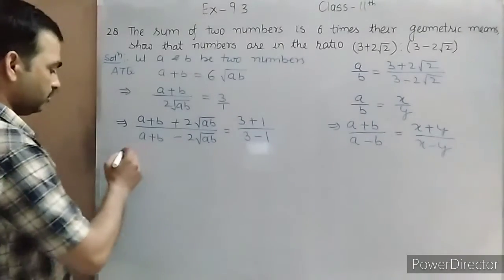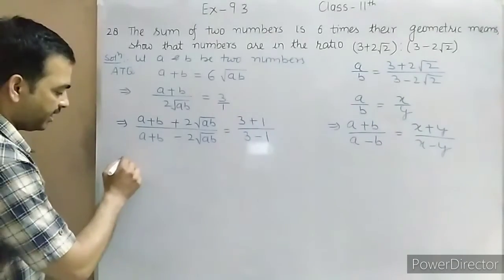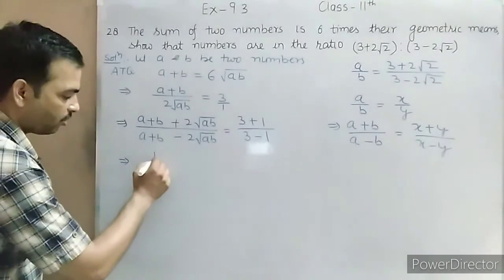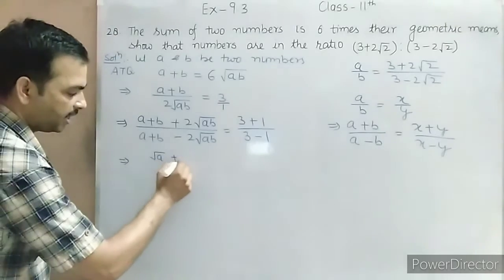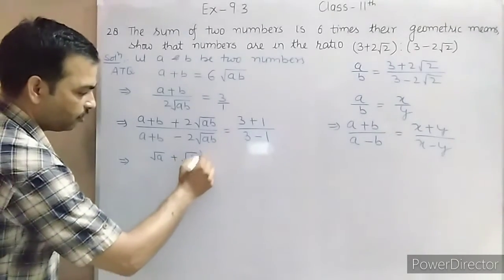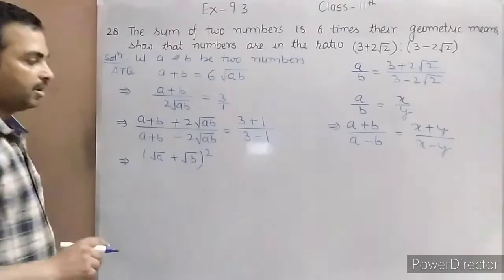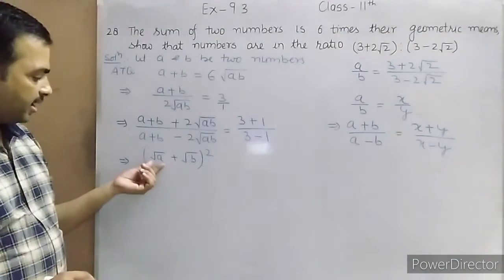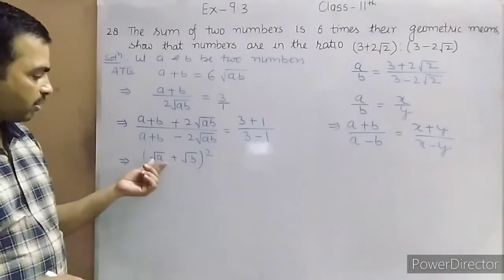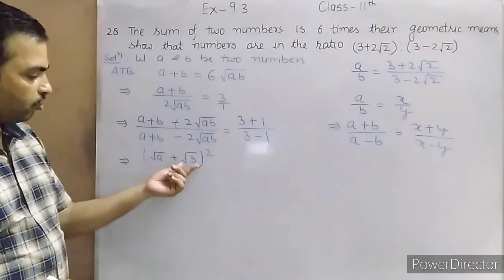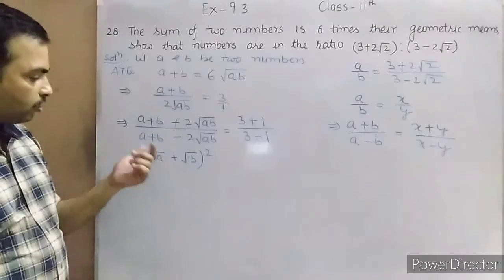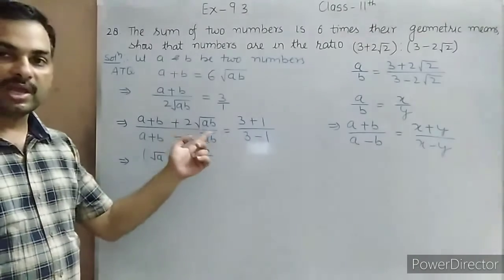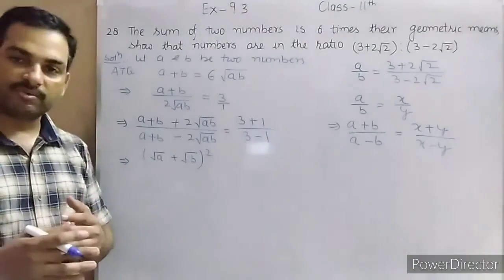Right? Now, look very carefully, it can be written as the whole square of root A plus root B. If you apply the identity (a plus b) whole square, you get root A square, which is A, plus root B square, which is B, plus 2 into root A into root B. Root A into root B is root AB, because A and B are both positive numbers.